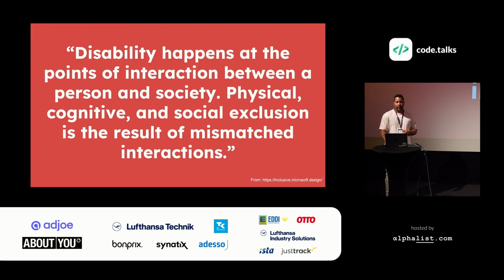To make it a little bit clearer, disability happens at the point of interaction between a person and society. Physical, cognitive, and social exclusion is the result of mismatched interactions. Which means when we talk about societal, we sometimes call this marginalization, which often is the case for women, ethnic minorities, LGBTQ folks, and poor people.